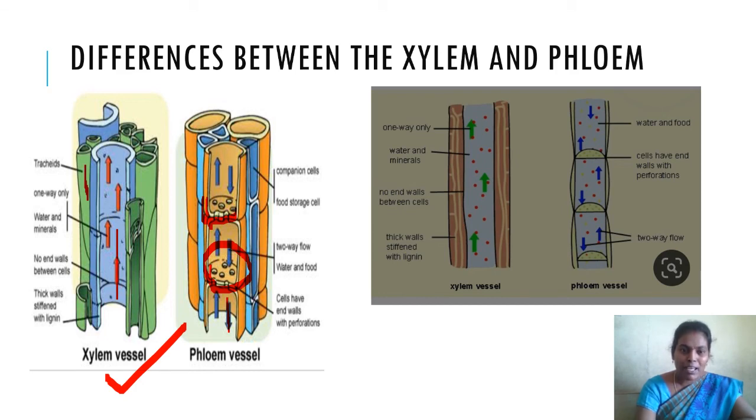The cell ends with a plate-like structure. And the direction, if you see, upward and downward, both bidirectional movement is present in the phloem tissue. Xylem is only unidirectional, phloem is bidirectional with perforated end walls of the cells.